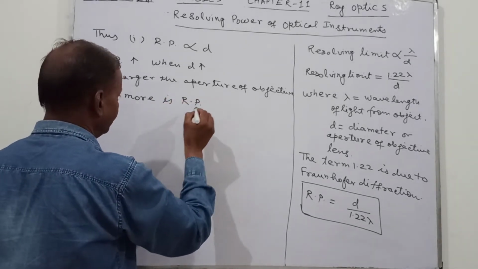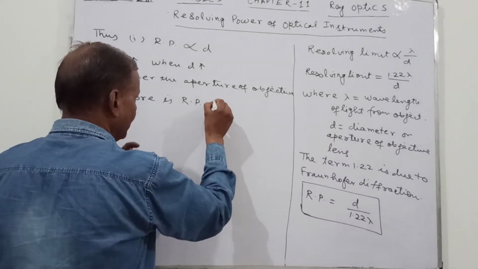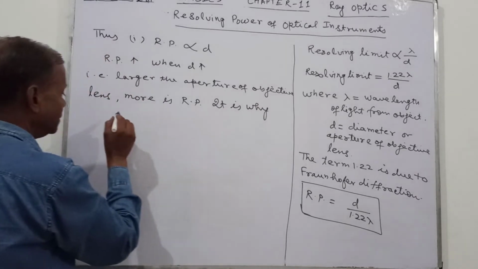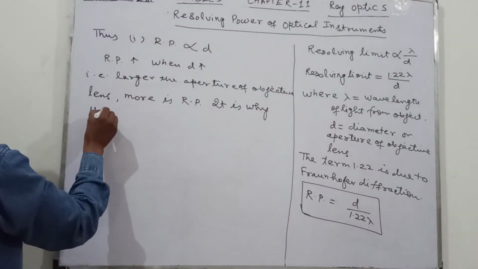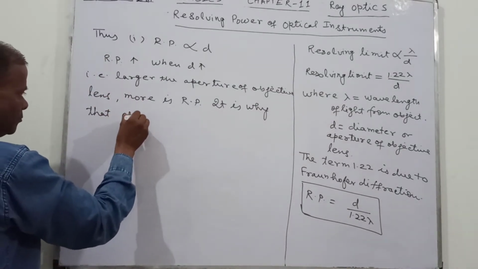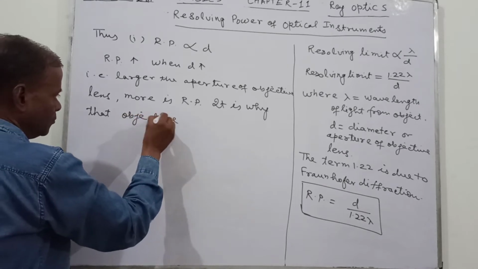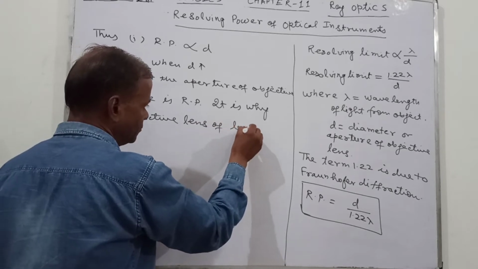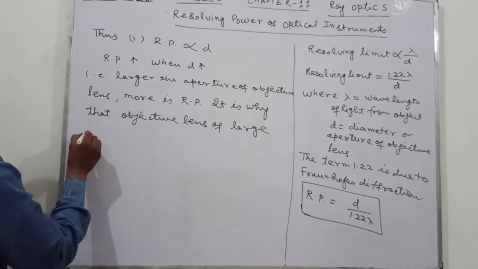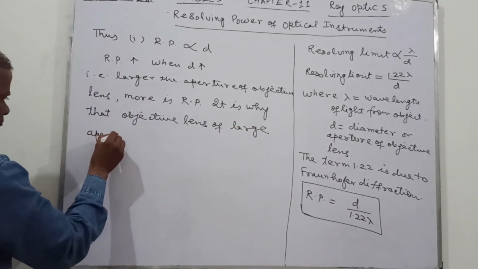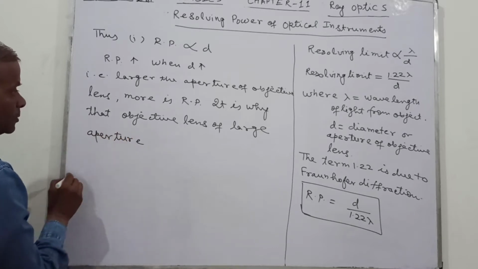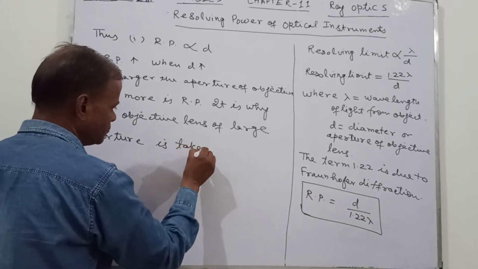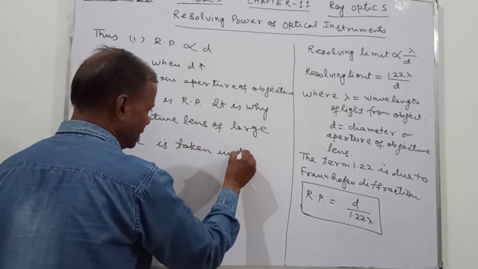This is why an objective lens of large aperture is taken in a telescope.